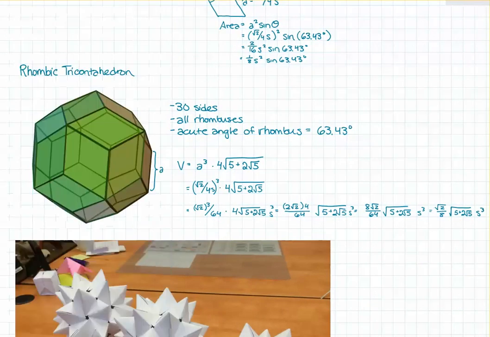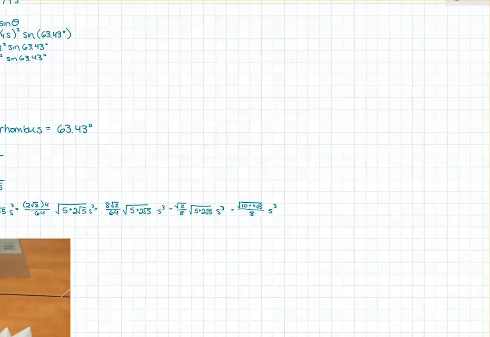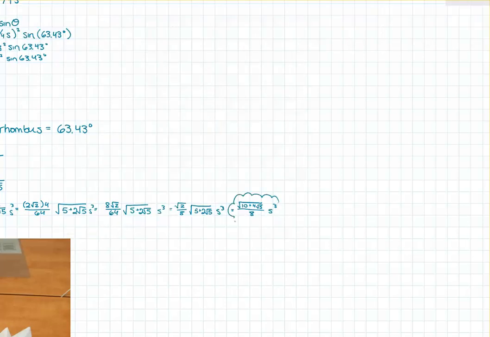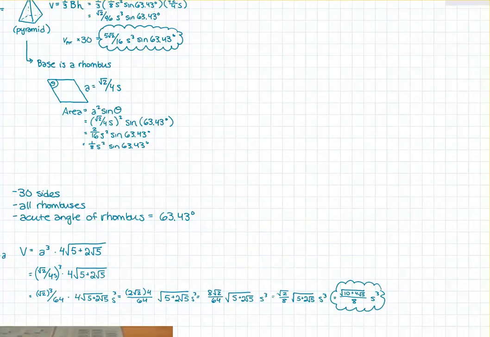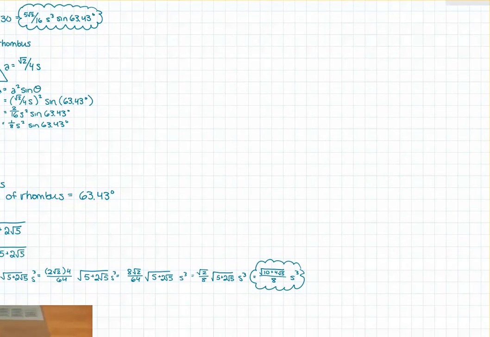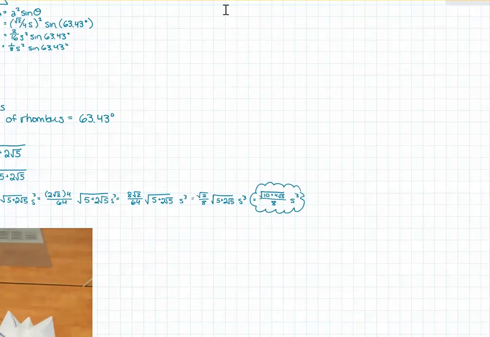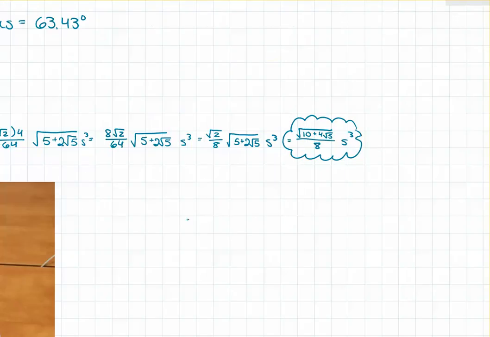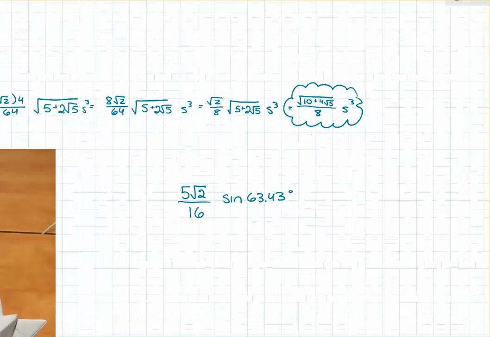So then we can add the two numbers together. So what do we have up here? We have 5 root 2 over 16 sine 63.43 degrees. Is that what it was? 63.43, yep.